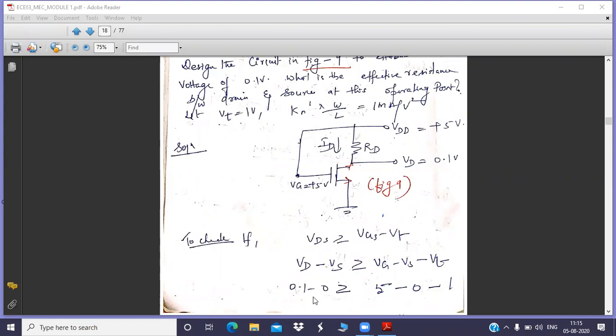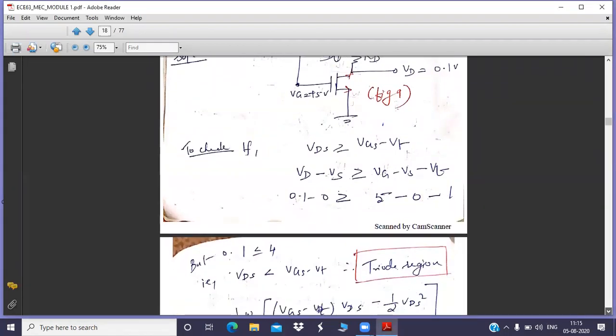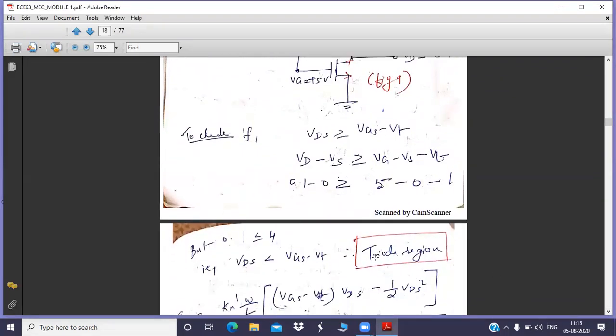Is 0.1 greater than 4? No. 0.1 is less than 4. So that condition is violated. So now you can't write VDS greater than or equal to VGS minus VT. You have to rewrite this condition: VDS less than VGS minus VT, which means this particular circuit is not operating in saturation.